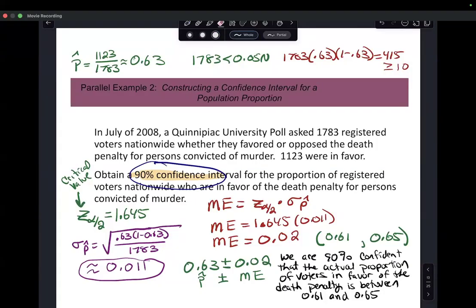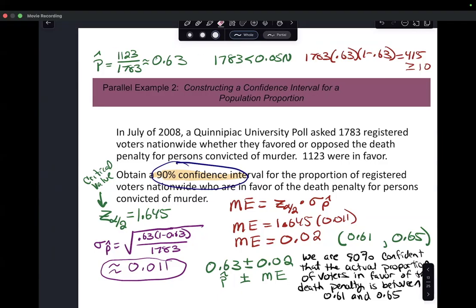Is that what you're asking, or were you looking for the Z-score part? I'm still a little lost if I'm being honest, but that's okay. I'm just going to rewatch the videos a couple more times and read the textbook.